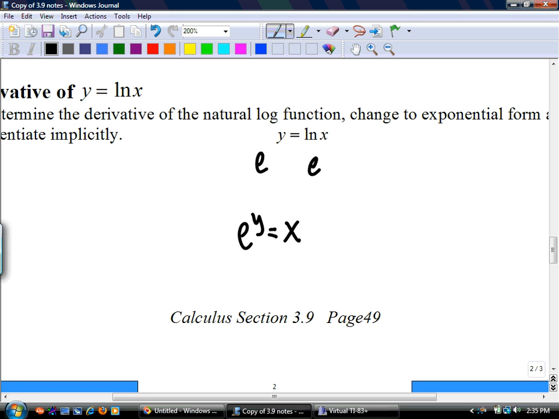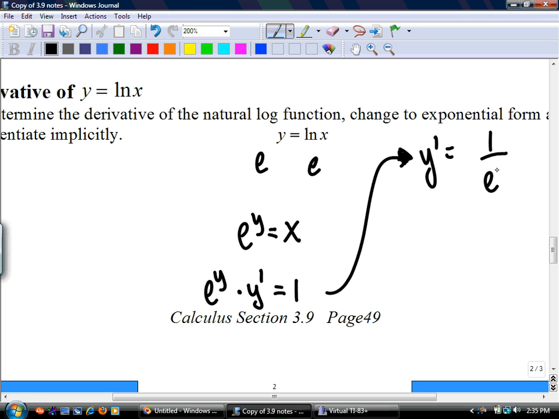Take the derivative implicitly, please. What's the derivative of e to the y? e to the y times y prime. Take the derivative of x. 1. Okay, change that into y prime equals one over e to the y.